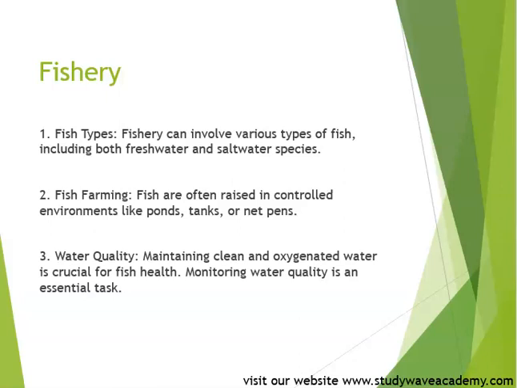Maintaining clean and oxygenated water is crucial for fish health. Monitoring water quality is an essential task. Picking the type of fish, then picking the environment you want to raise them in, then the water quality. All these are activities under fishery.